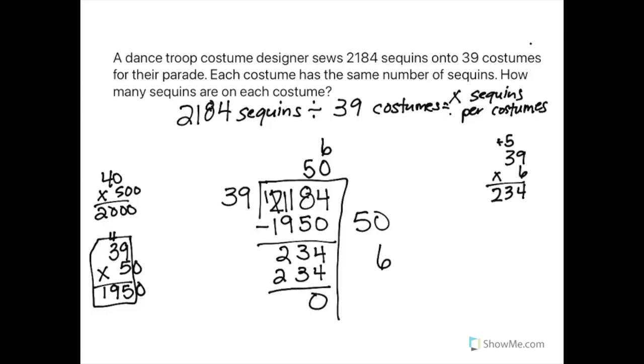And it's going to get me to 0. So now I'm going to add these up. So 50 plus 6 is 56. So my answer is 56 sequins per costume.